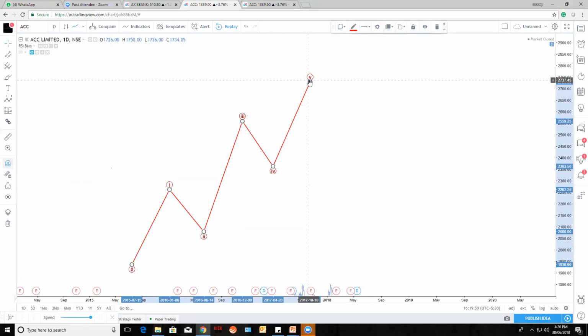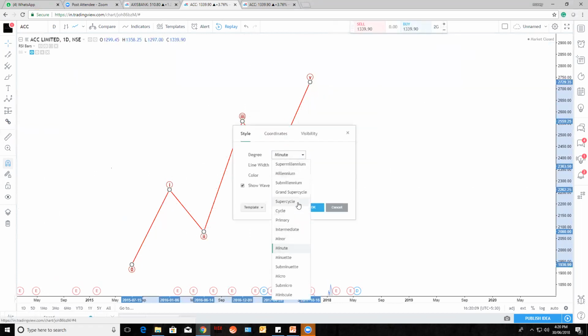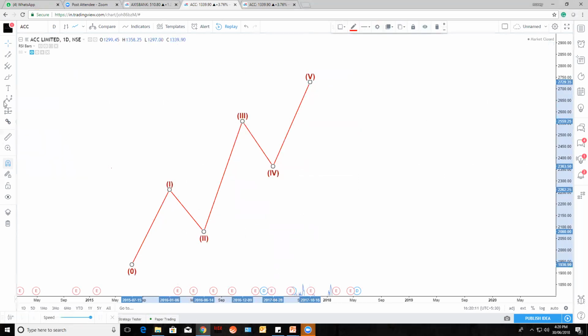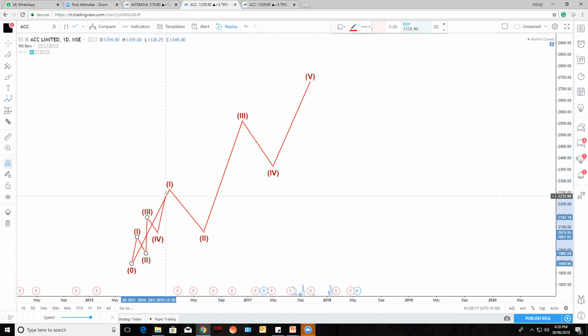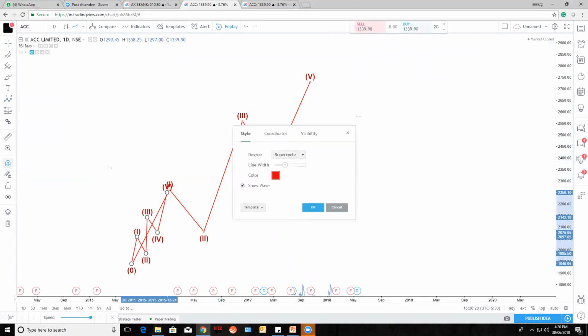Okay. Use the highest time frame and then lower time frames to name the lower cycles. Let's say I'm taking it as a super cycle. Okay. Internally, if I name, let's say 1, 2, 3, 4, and 5, you need to change this to the next super cycle, 2 times lower or 1 time lower.